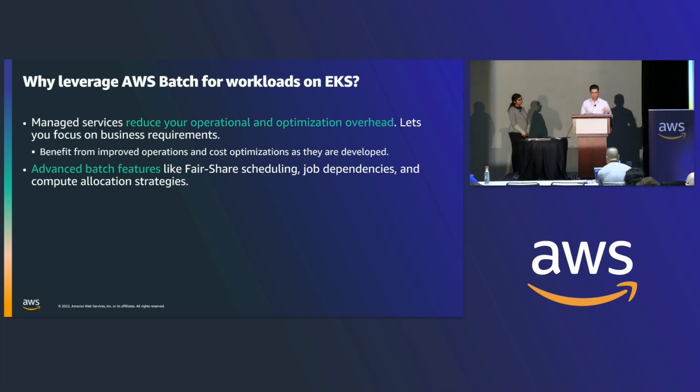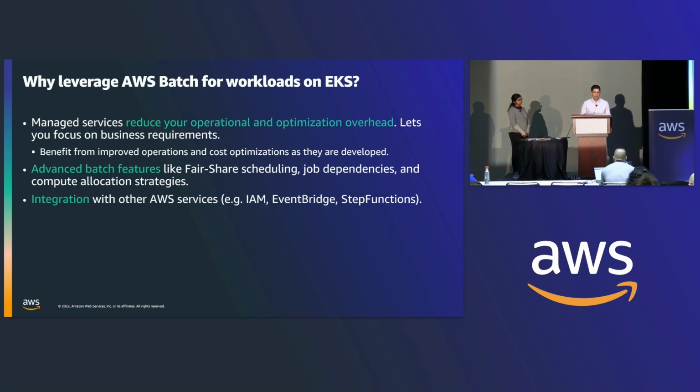So there's a bunch of allocation strategies that Batch supports today that you get out of the box. And then finally, integration with other AWS services. Since it's the API endpoint, you can today directly interface Batch with EKS, with Step Functions, EventBridge, and then use IAM to interface with other resources.